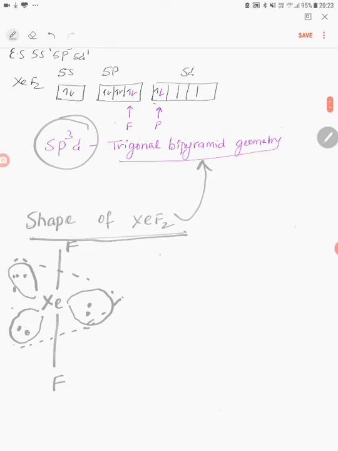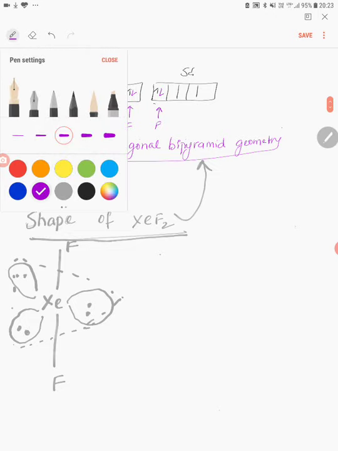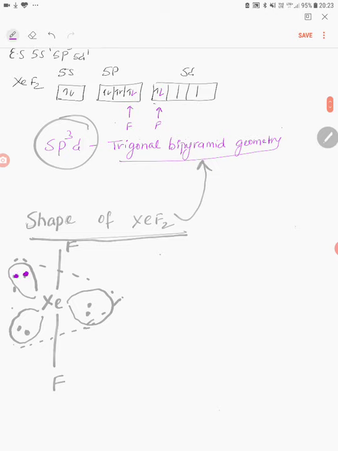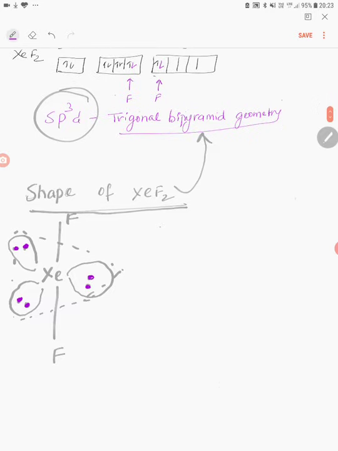So this can be the first structure. The most important point here is that in this structure, three lone pairs of electrons are present in the equatorial position.